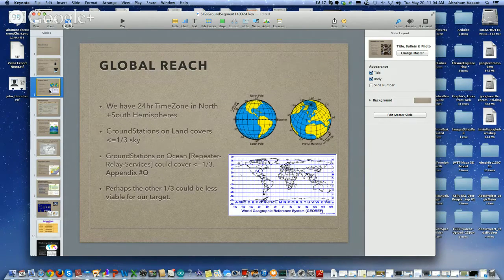The idea is that we have a global reach, a 24-hour time zone, with the northern hemisphere and the southern hemisphere able to reach the network. The ground station on land can hopefully cover about 1/3 of the sky or less. The ground station on the ocean, if we can make one, may cover another 1/3, briefly covered in Appendix O. Perhaps the other 1/3 could be less viable or less interesting for our target audience, so we may not even worry about that 1/3.